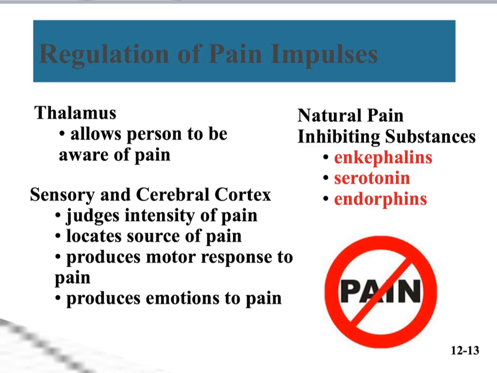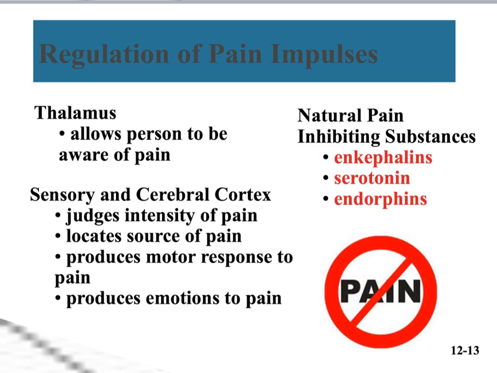So pain impulses are going to be routed through the thalamus. So remember, as impulses travel up through the thalamus, we get this general awareness. So we would know there's pain occurring. And then it's going to route it into the sensory cortex. And we'll be able to judge the intensity of the pain, locate the source of the pain. Then it'll go into the cerebral cortex, and we'll probably produce some sort of a motor response to the pain, move our bodies in some way to get us out of pain if possible.